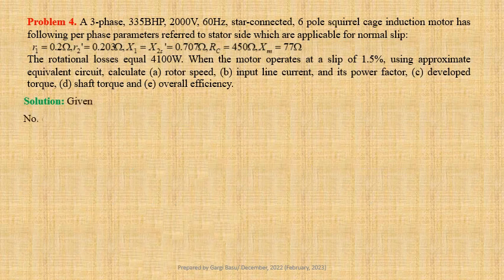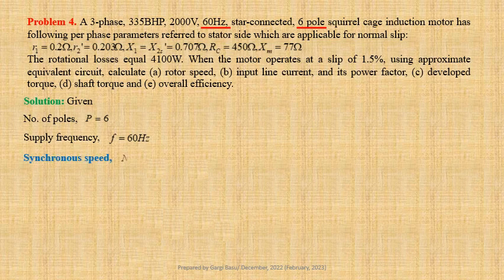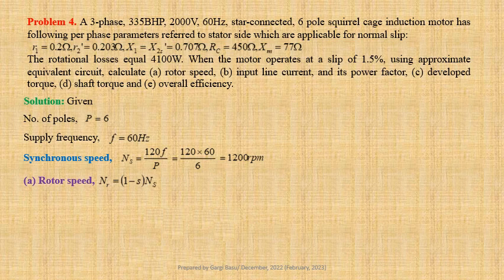Given number of poles of the machine P equals 6 and supply frequency F equals 60 Hz. Let us now calculate synchronous speed. Ns equals 120 F by P. Using values we get 120 into 60 divided by 6, that gives us 1200 revolutions per minute. Expression for rotor speed Nr equals (1 minus S) times Ns.